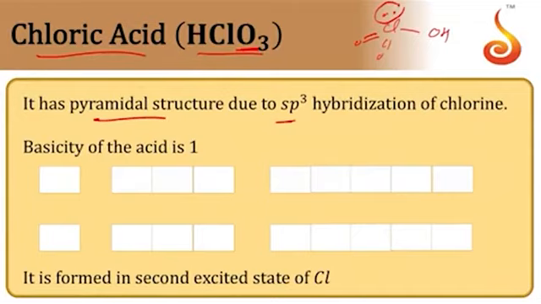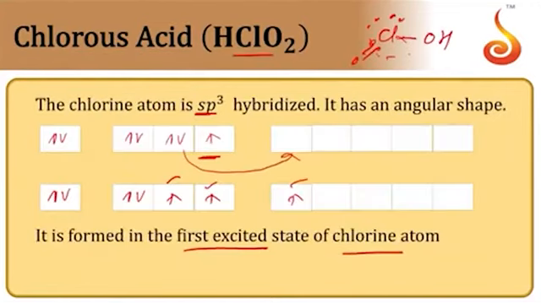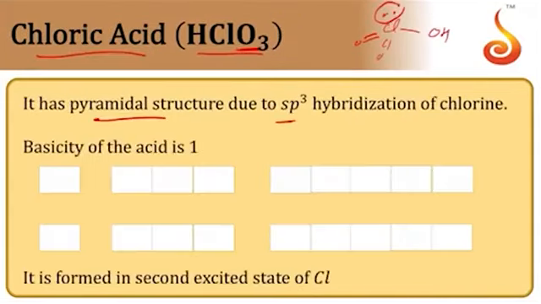Let us see in which state it forms. Previously we have seen that in the first excited state there are 3 unpaired electrons. Here it is forming altogether 5 bonds.